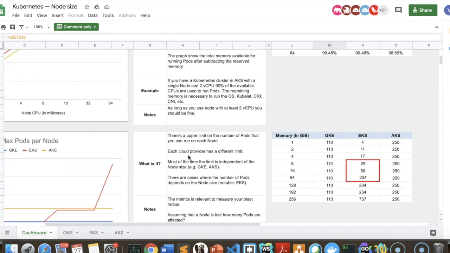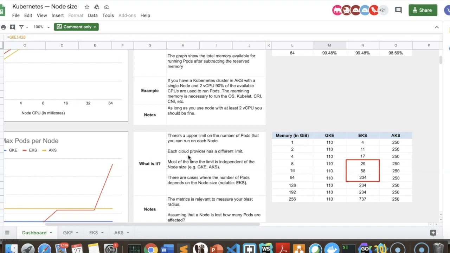And here, the upper limit on the number of pods that you can run on each node. So in GKE, the interesting part is they don't actually go beyond 110. I don't know why. They've stopped it at 110. I'm not sure if somebody is using 110 pods in each node.